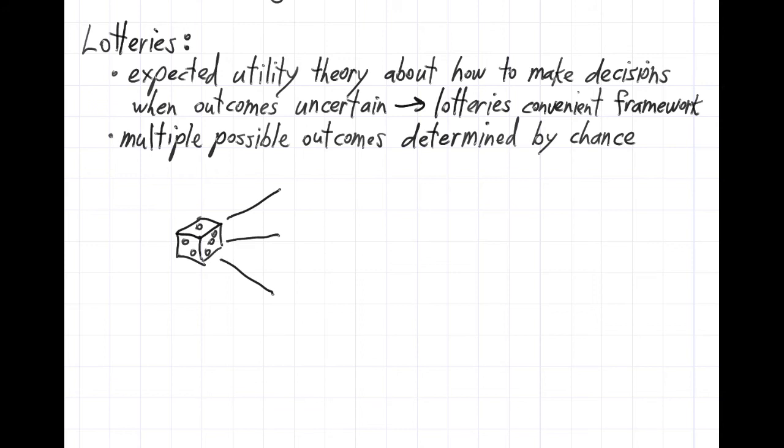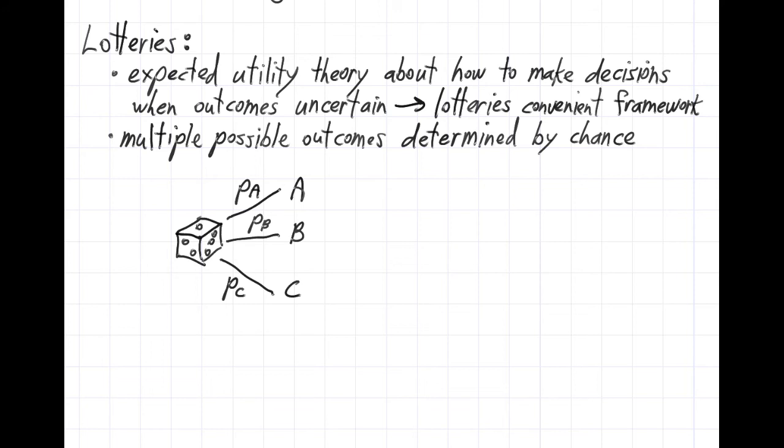So let's call that probability of A, and PB can be the probability of B, and PC the probability of C. So our outcomes are A, B, and C. You notice that looks like a decision tree, but notice that the outcomes are determined by chance instead of by choice. And that's why I'm drawing that die there, to just emphasize that.